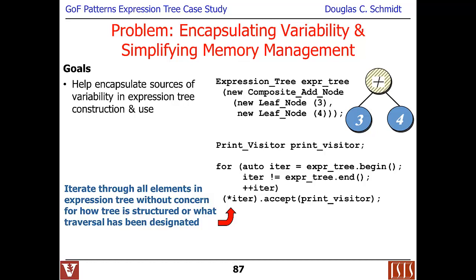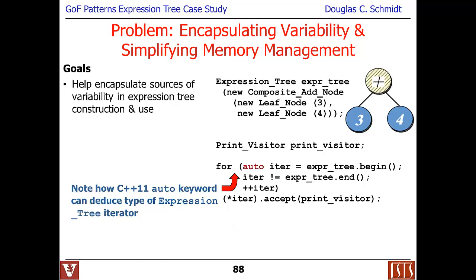What's cool about this is if you look at that code, you'll see that you're working on an abstraction, in this case something called tree, which doesn't expose to the caller the complexity of the recursive structure of the composite. It's all very simple, all very clean. Notice also the use of the C++11 auto keyword, which deduces the type of the expression tree iterator, which is kind of cool.